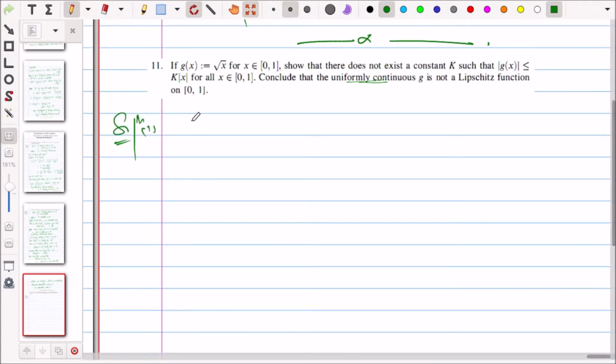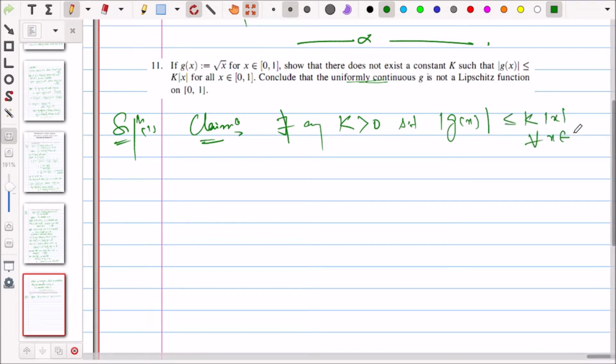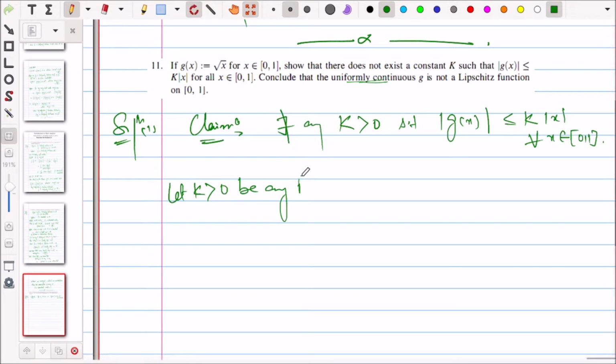First, claim 1: we have to show that there does not exist any constant k greater than 0 such that mod g of x is less than or equal to k times mod x for all x belonging to 0 to 1. So for this, let k greater than 0 be any real number.